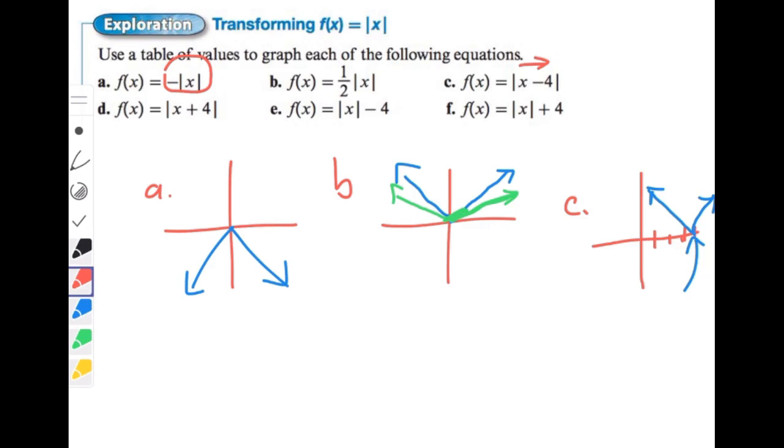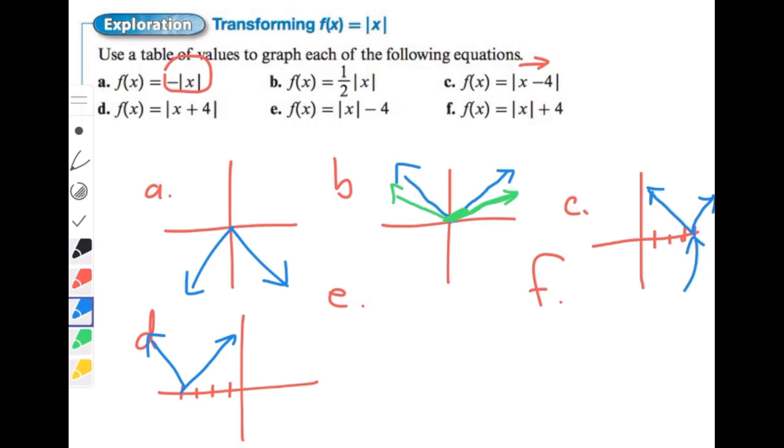So then vice versa, we have this +4. That's going to move it to the left: 1, 2, 3, 4. Again, it's just going to be a normal absolute value graph, but it moves to the left. And then these E and F act just as you would think they would.